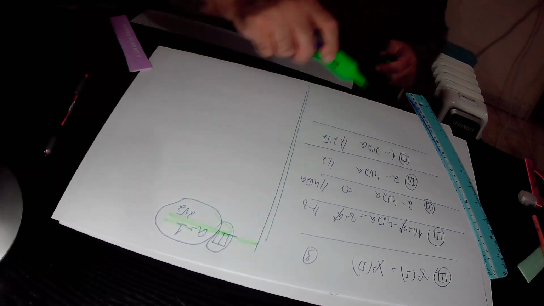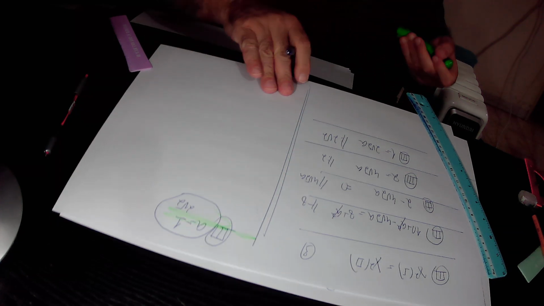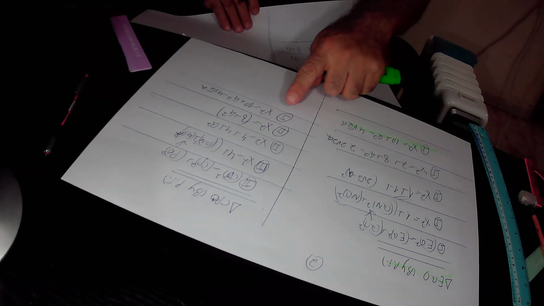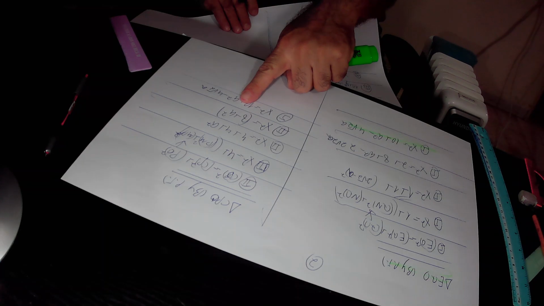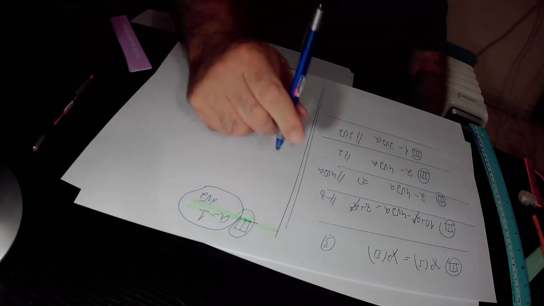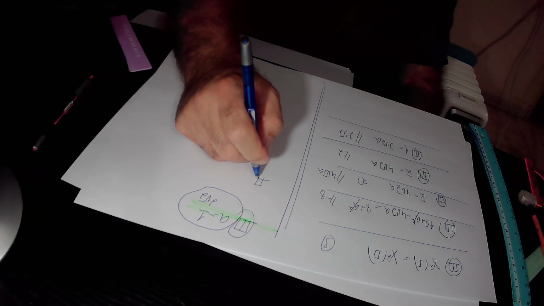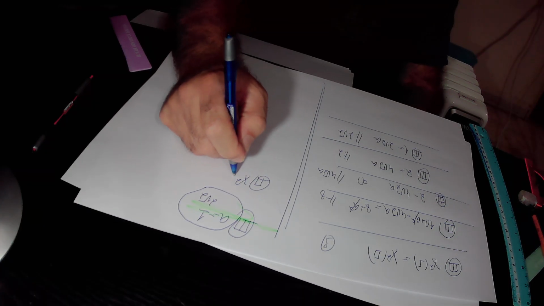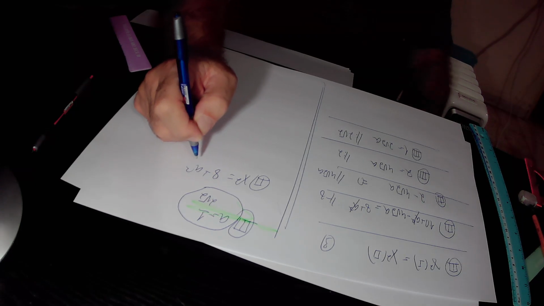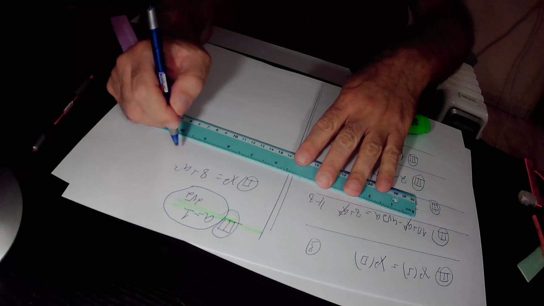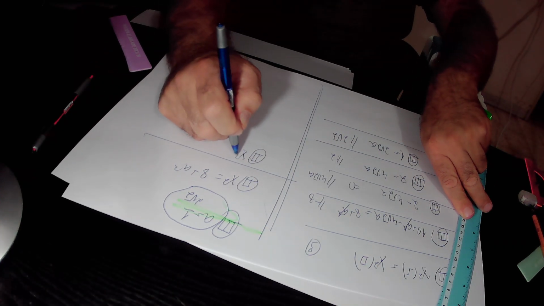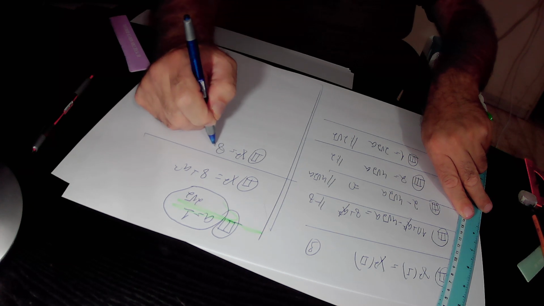Well, according to equation 2, we found out that x squared equals 8 plus a squared.